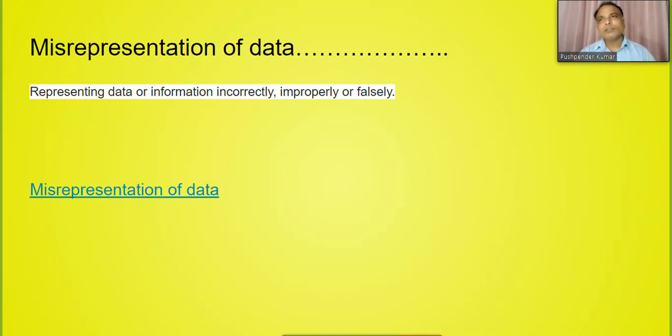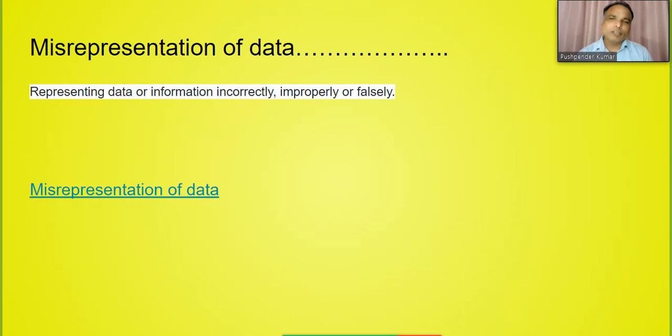So here, as a researcher, you need to understand these statistics, that you can organize data in different ways, and that could lead to misrepresentation of data. I hope this concept of misrepresentation of data is clear to all of you.